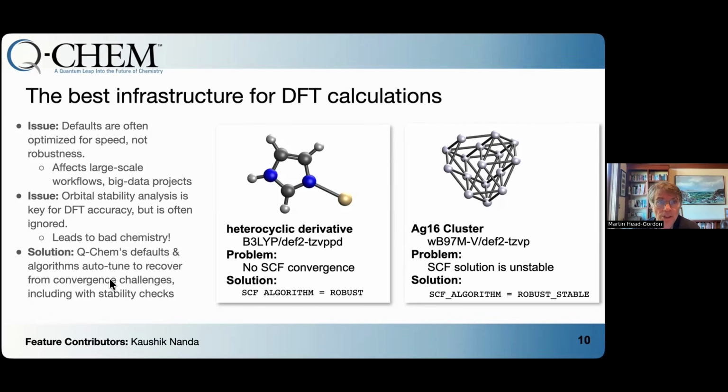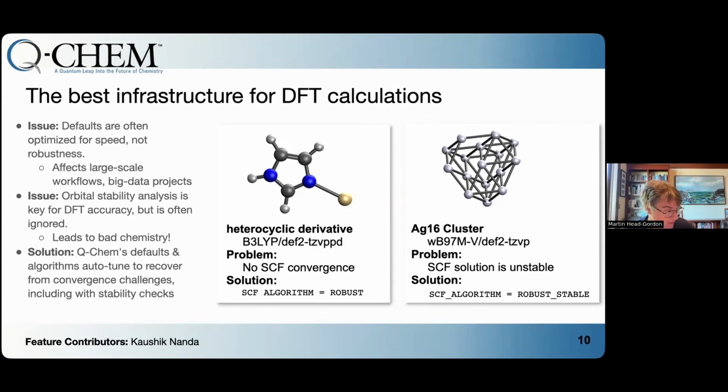And Kaushik has led efforts at Q-Chem to provide a meaningful solution to these problems, which is the part of Q-Chem's infrastructure that I want to highlight here, which is by setting SCF_ALGORITHM to be ROBUST or ROBUST_STABLE, you can have Q-Chem's defaults and algorithms auto-tune. That is, they run as fast as they can under normal conditions.